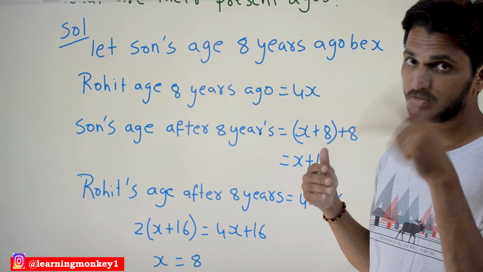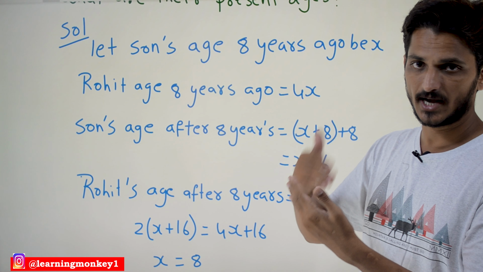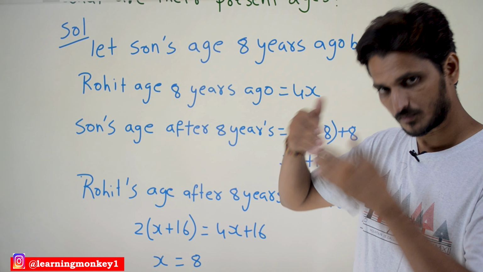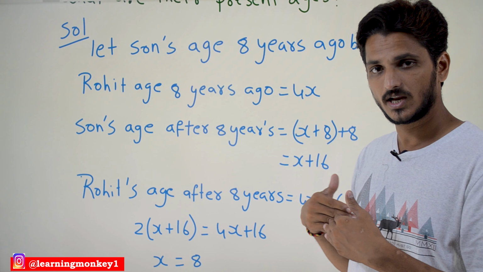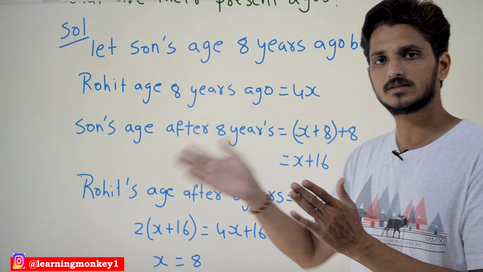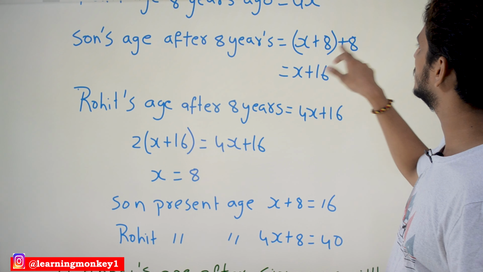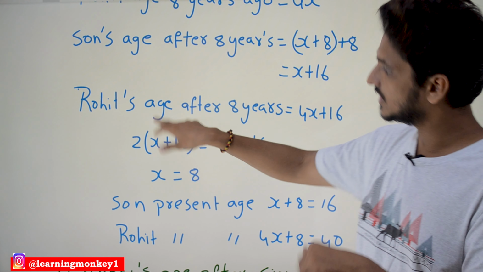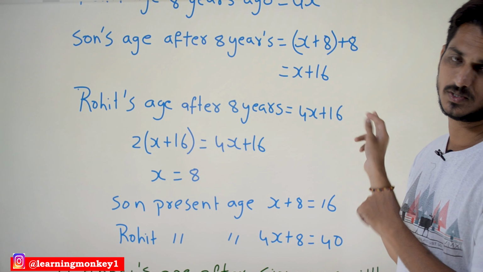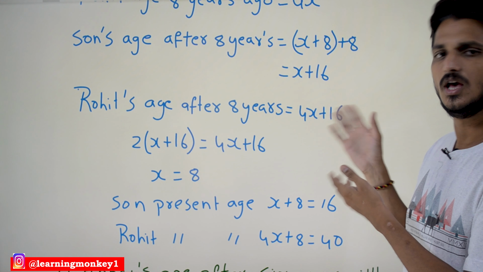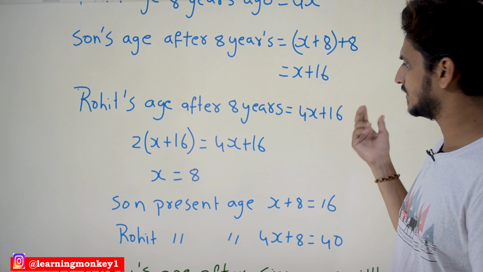You have to add both: with adding the first 8 you get up to the present age, and after that we are going 8 years after. So son's age after 8 years is x plus 8 plus 8, which is x plus 16. Similarly, Rohit's age after 8 years is 4x plus 8 plus 8, which we directly write as 4x plus 16.